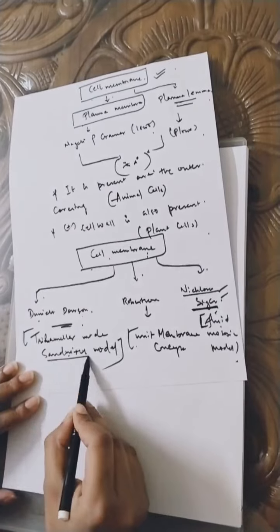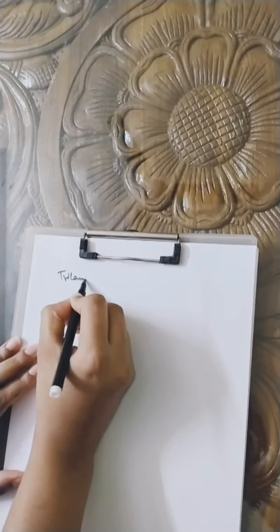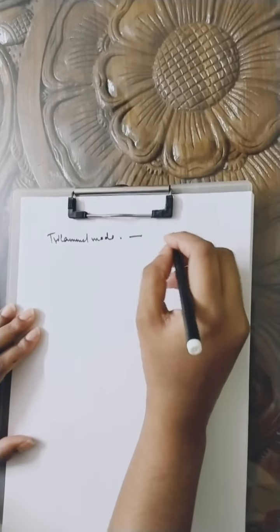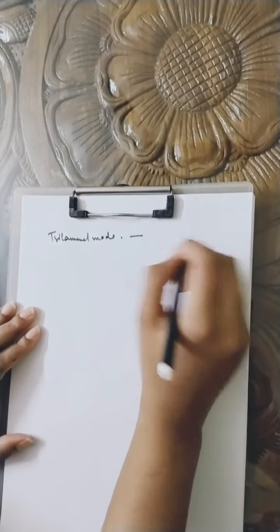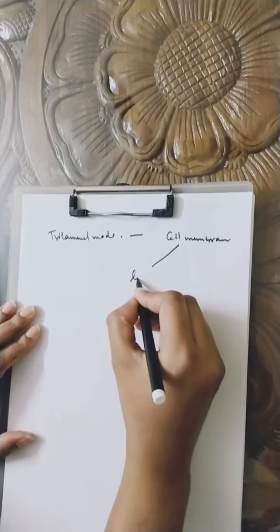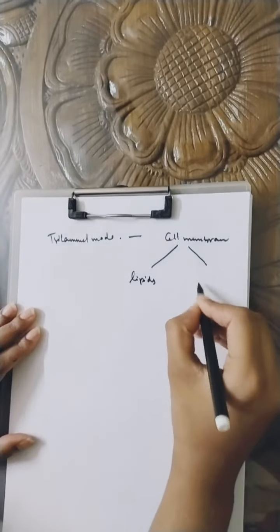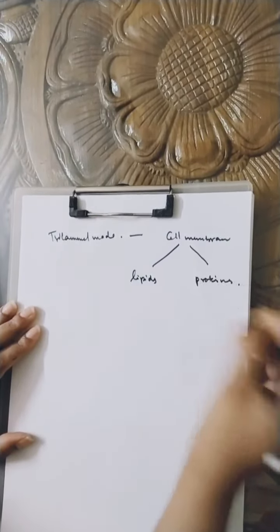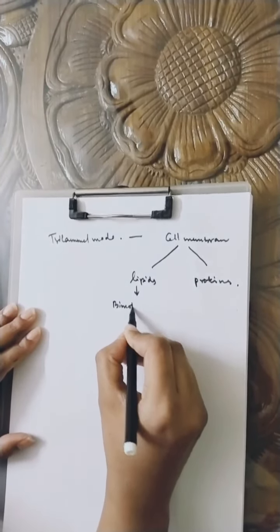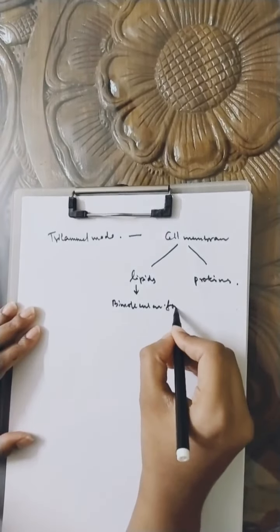When we discuss the trilamellar model, the scientists Danielli and Davson stated that the structure of the cell membrane consists of substances like lipids and proteins, and lipids are present in a bimolecular form or layer.